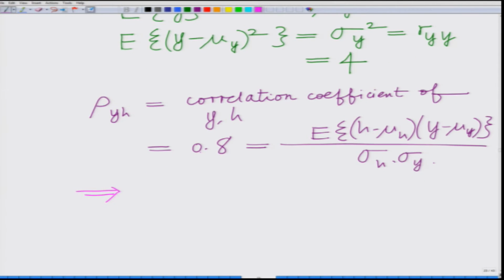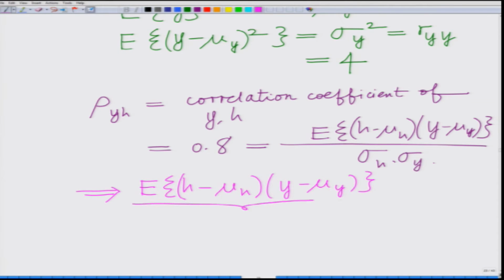You can see this covariance is nothing but the expected value of h minus mu h into y minus mu y. This is your r of h comma y.